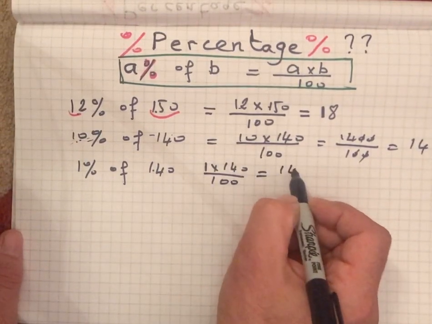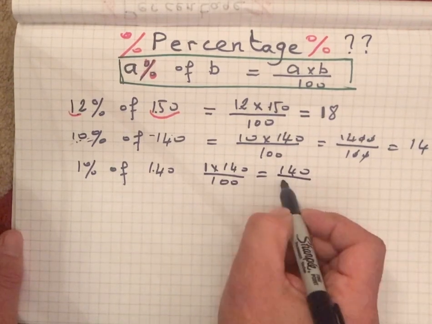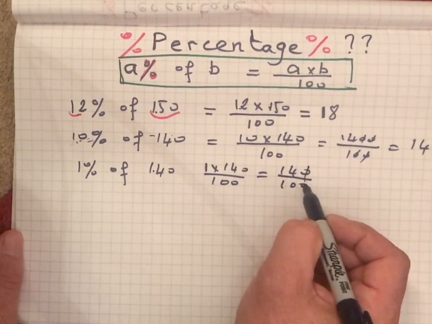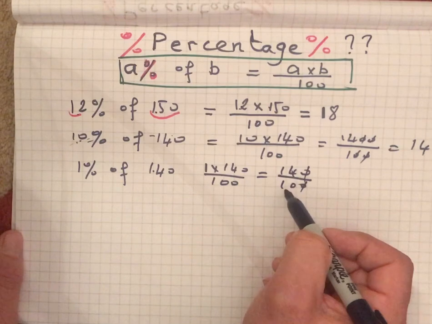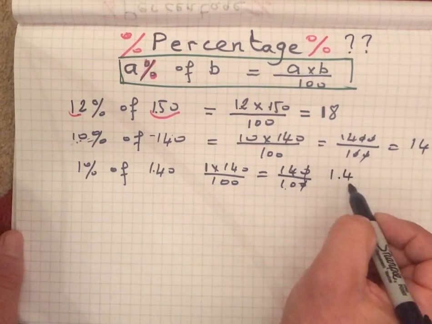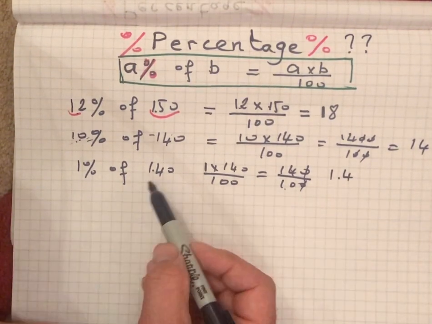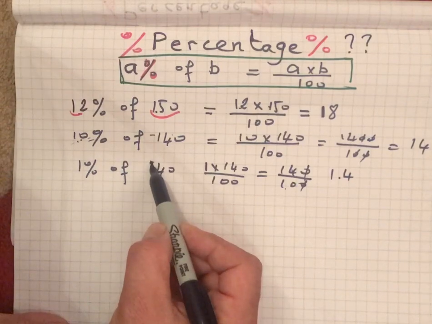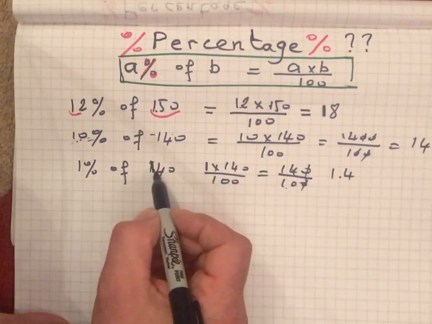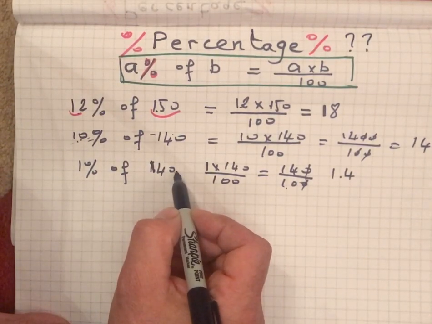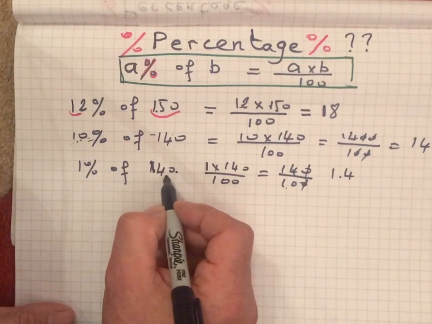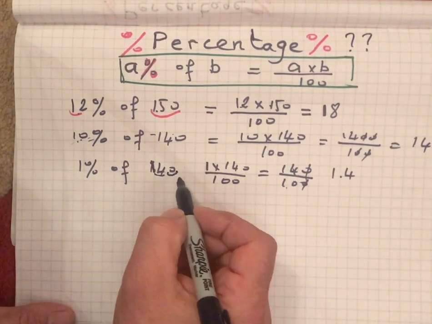That is 140 divided by 100, so simplify, it will be 14 divided by 10, which is 1.4. So if you look at the numbers 140 and 1.4, what happened really is that the decimal point moved backward by 2 places.